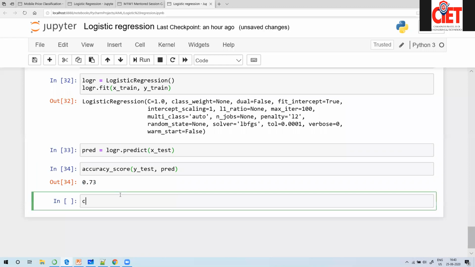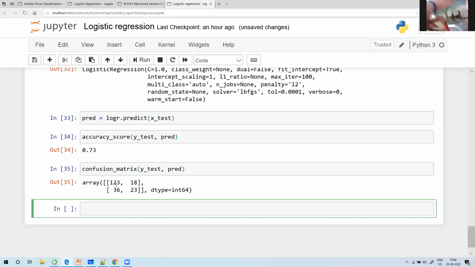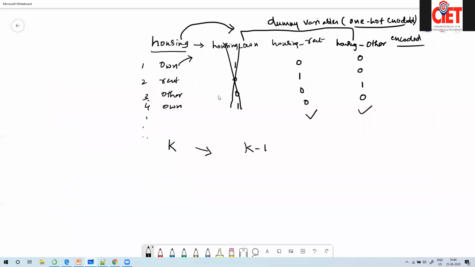Another way to look at the results is something called a confusion matrix. Again, originals, actuals is Y underscore test. Your predictions is pred. So this is called a confusion matrix. The confusion matrix is a very typical one. Let me explain that. We have our actuals Y and we have our predictions.